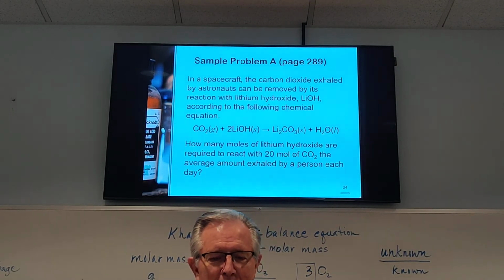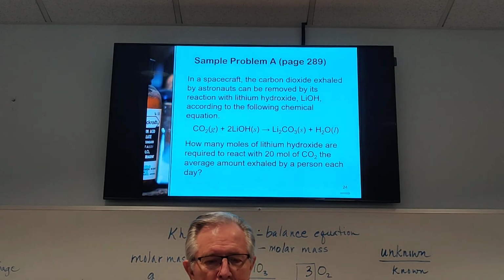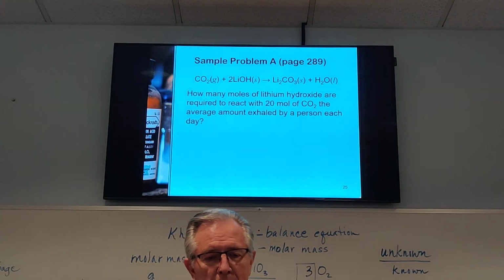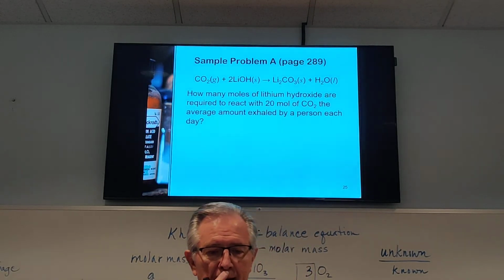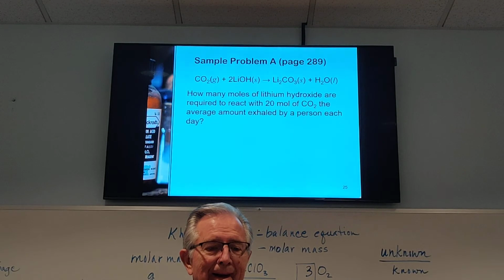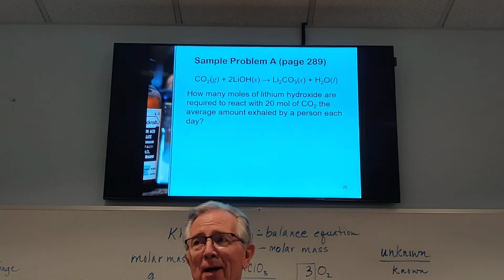20 moles, we're going to get rid of that. So they want to know how many moles of lithium hydroxide we need to be able to react with those 20 moles. Okay, so here is our formula. Is it balanced?